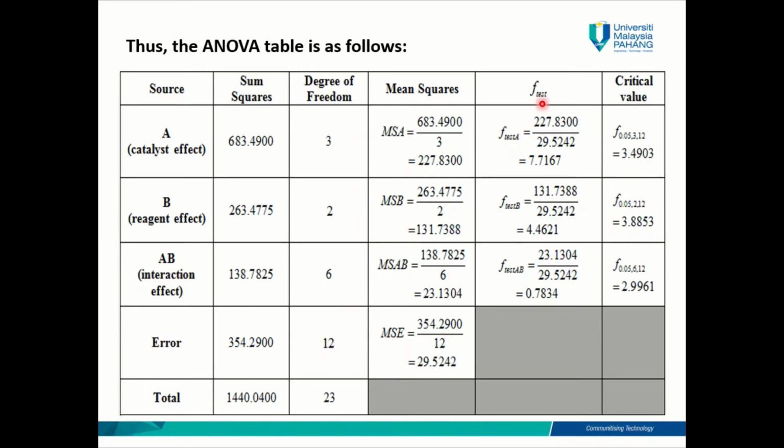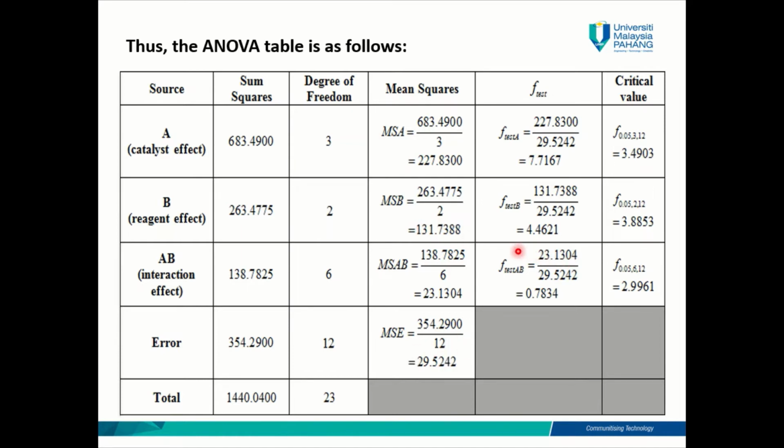And even for the F-test formula, it also has the same pattern as in one-way ANOVA analysis, in which to get the F-test for factor A, you take MSA divided by MSE. For F-test B, it is MSB divided by MSE.